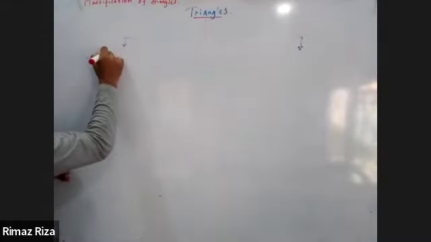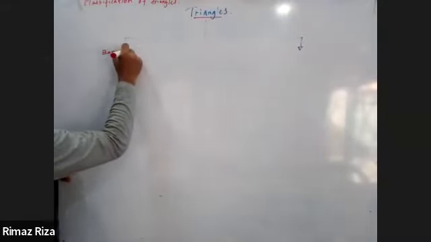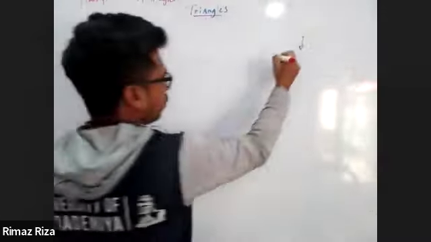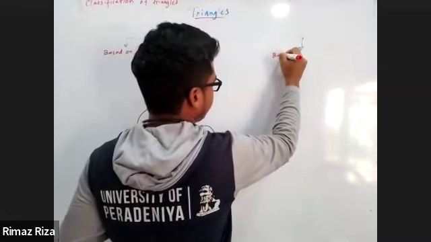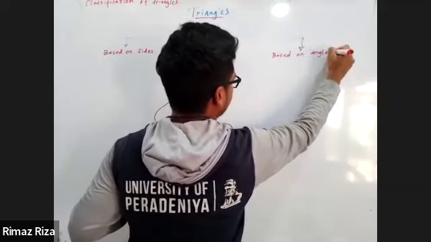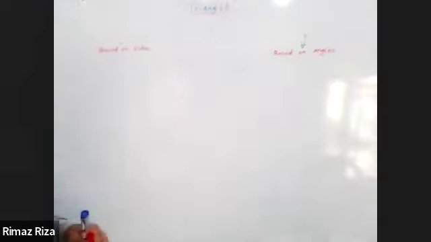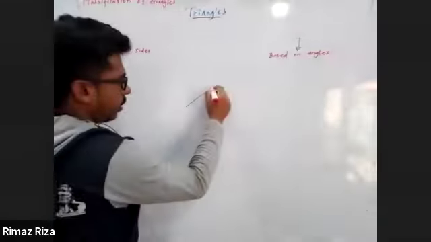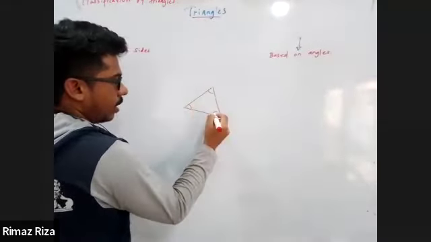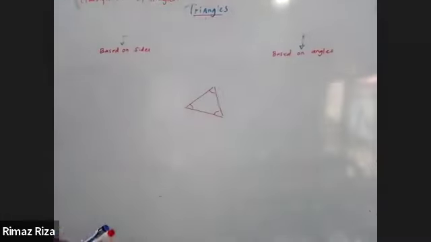So triangles we can classify based on two things. One is based on the sides, and the other based on angles. So take a triangle again, these are the sides and these are the angles.